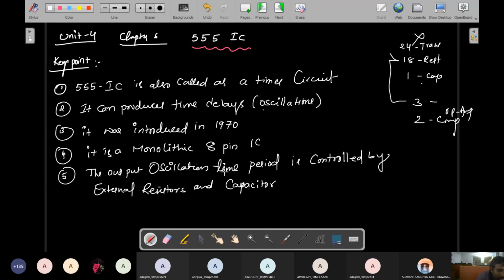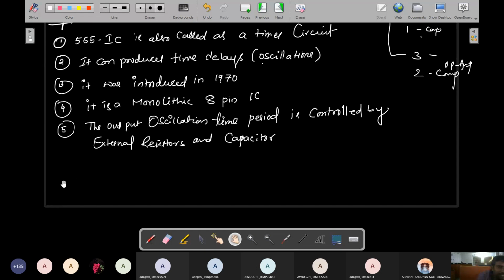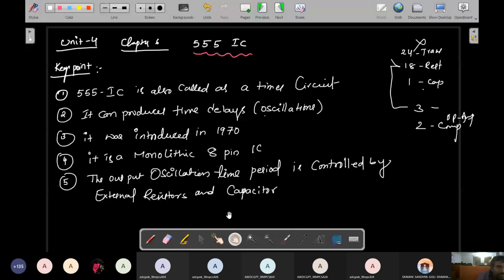I'll move to applications. Applications of the 555 IC. I'll write it here, or rather I won't write it, because I'll simply move to the next page.